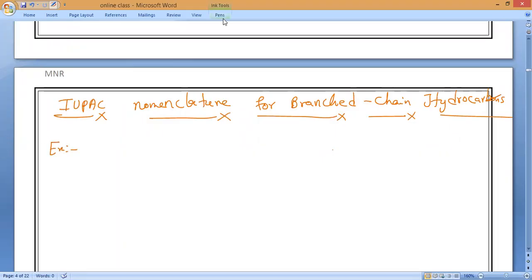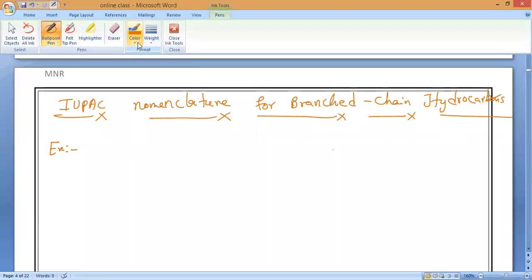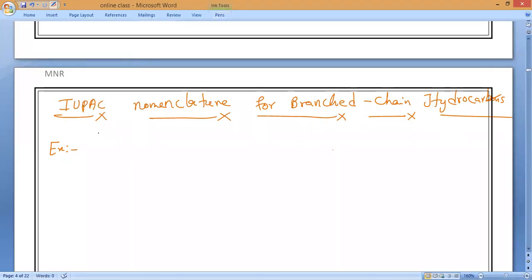Remember, a branched chain will always start with a minimum of 4 carbons. So it will start from carbon 4.